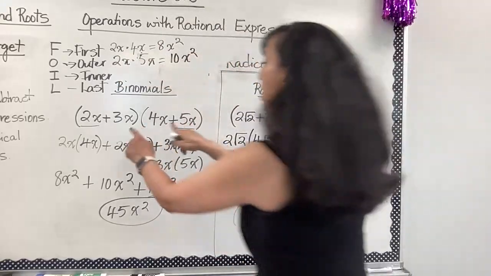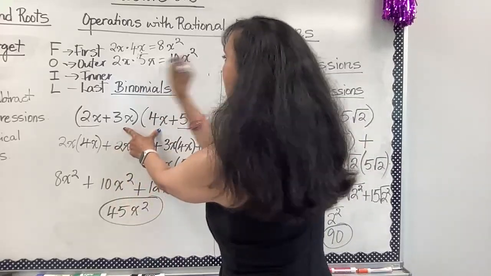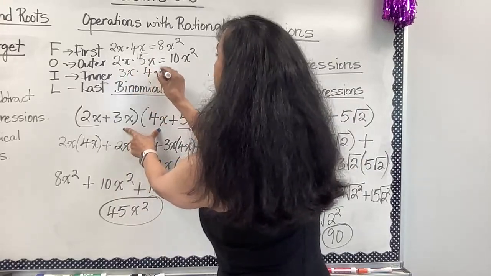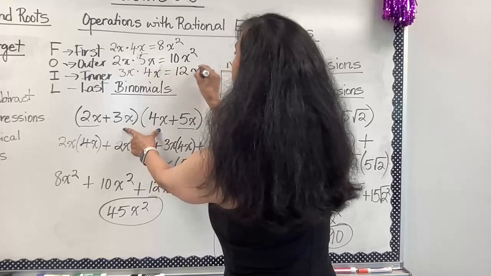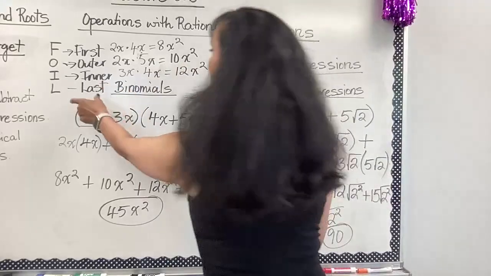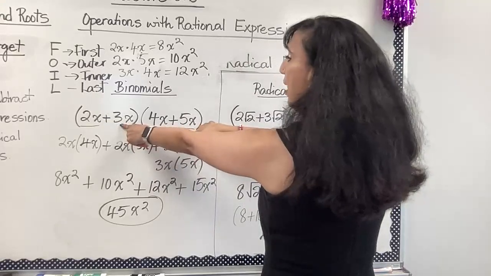Then we have inner. This is inner, these two, okay? So we have 3x times 4x, and I get 12x squared. And then I have the last, and the last is 3x and 5x, right?